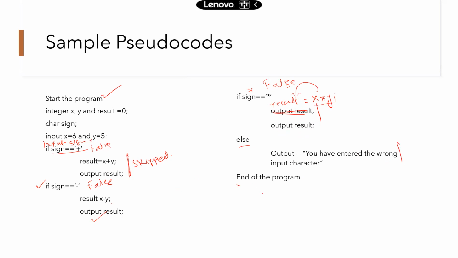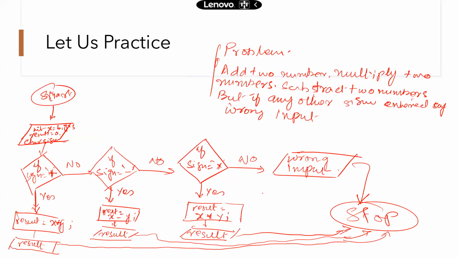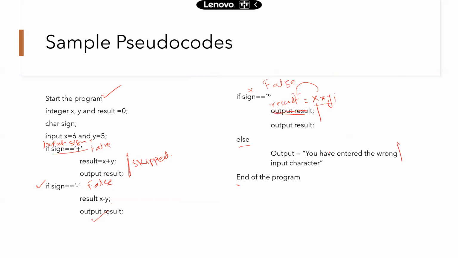And this is exactly what we had done in this flowchart before. We had taken an input of sign. If it was an addition, we added. If it is not an addition, we checked for subtraction. If it is a subtraction, we subtracted. If not, multiplication. If not, then a wrong output. And this is exactly what is going on over here in this pseudocode as well.